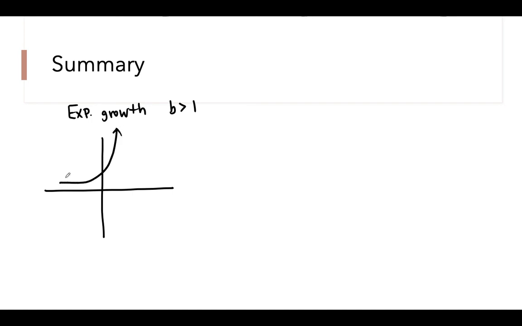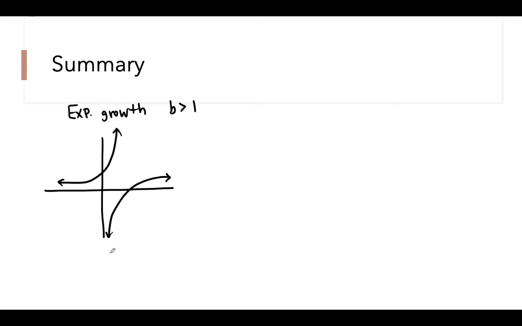So let's do a quick summary. From what we learned so far, we understand that if it's exponential growth, meaning that the base is greater than 1, it's going to look like this. But for logarithmic, that is inverse of this one, it's going to look something like this.